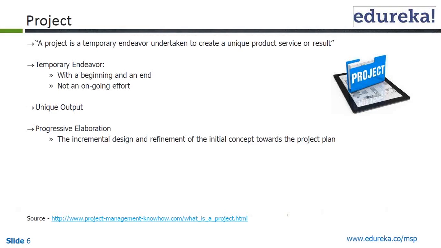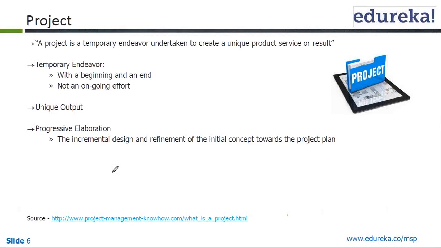Coming to the third characteristic, progressive elaboration. This talks about the incremental design and refinement of the initial concepts towards the project plan. So if you have seen any projects, let's take the example of building construction, right?